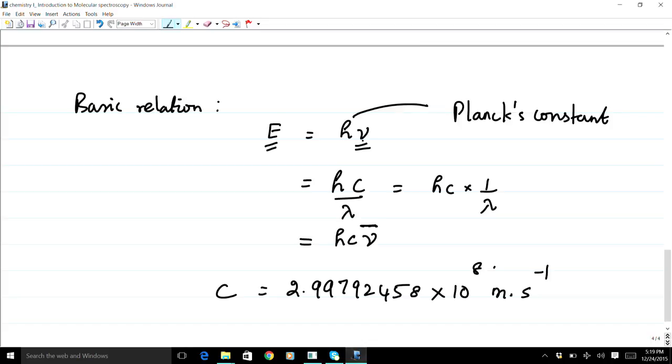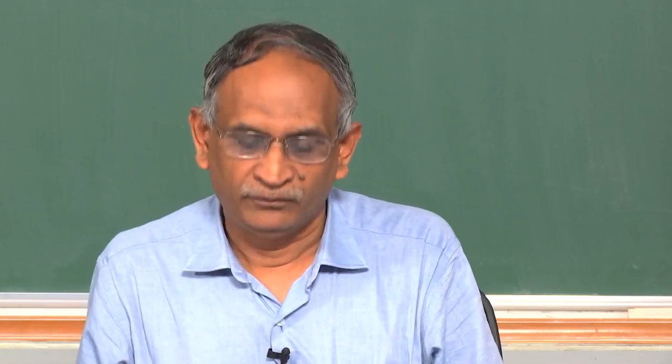Frequency and wavelength are related by the speed of light: c is equal to nu lambda. Substituting, energy is hc by lambda, or hc times 1 by lambda. Therefore the energy is proportional to the wave number and to the frequency, but inversely proportional to the wavelength. These are fundamental relations in treating electromagnetic radiation as a wave.